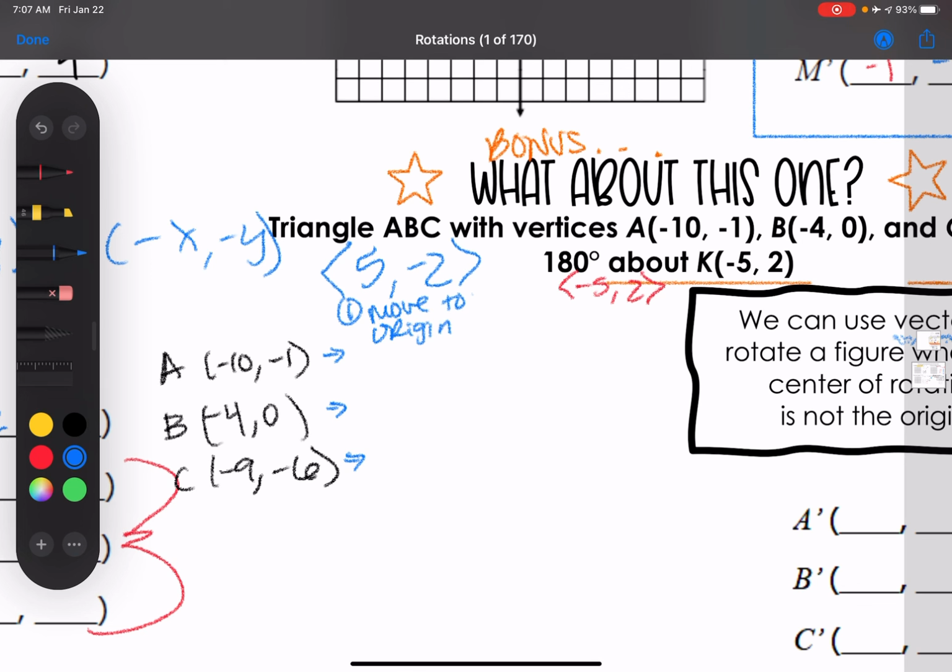And that's what that vector is up top. So we've got 5, -2. It becomes negative 5, because we're adding 5, and then subtracting 2 from our y value, negative 3. You can work out one point at a time, or you can do all the x values and then all the y values. That's what I like to do, just because it's easier for me in my brain to just go down the row, down the column, and apply the same rule.